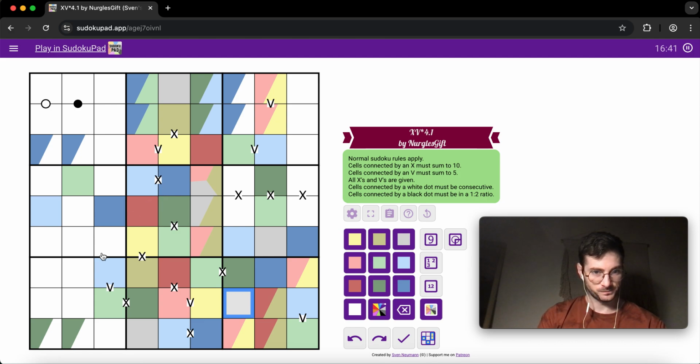Let's see. Thinking about light green in this box, it can't be in these two, can't be in these, can't be in that one, so it's got to be one of these two. Not extremely helpful.